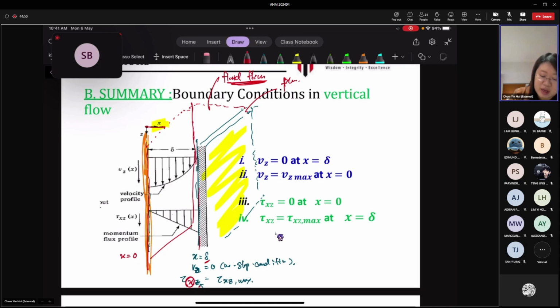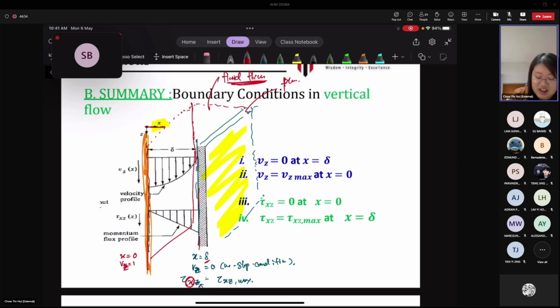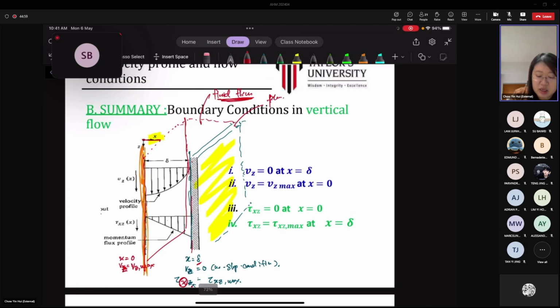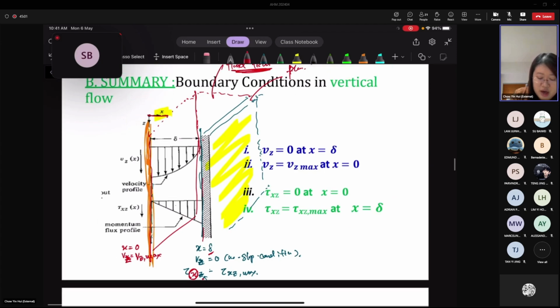That's where the velocity vz, the velocity in the z direction, is at the maximum velocity, and the shear stress, the z-directed momentum transferred in the x direction, would be equal to 0. There's no friction to fluid flow at a distance far away from the plate.